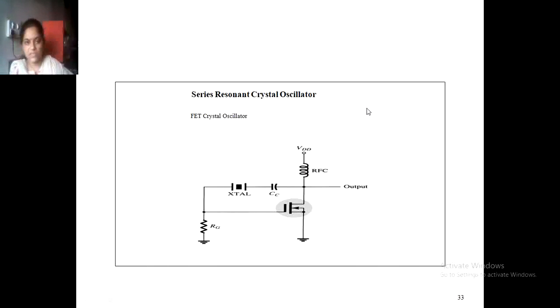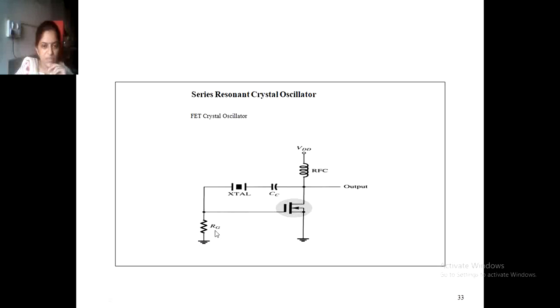Let us see the series resonant crystal oscillator. Here a FET is used, while one crystal is used in the feedback part of the oscillator. A radio frequency choke is used, and the output is taken from the drain of the FET.